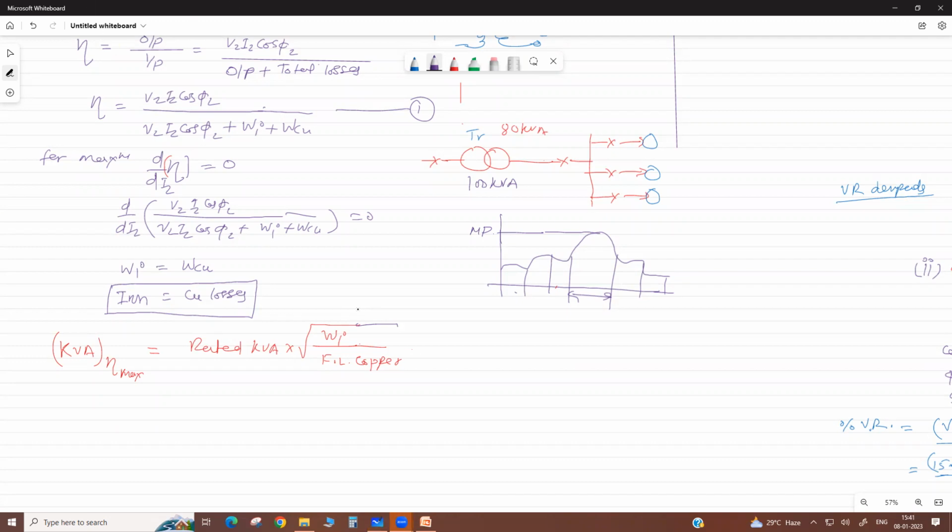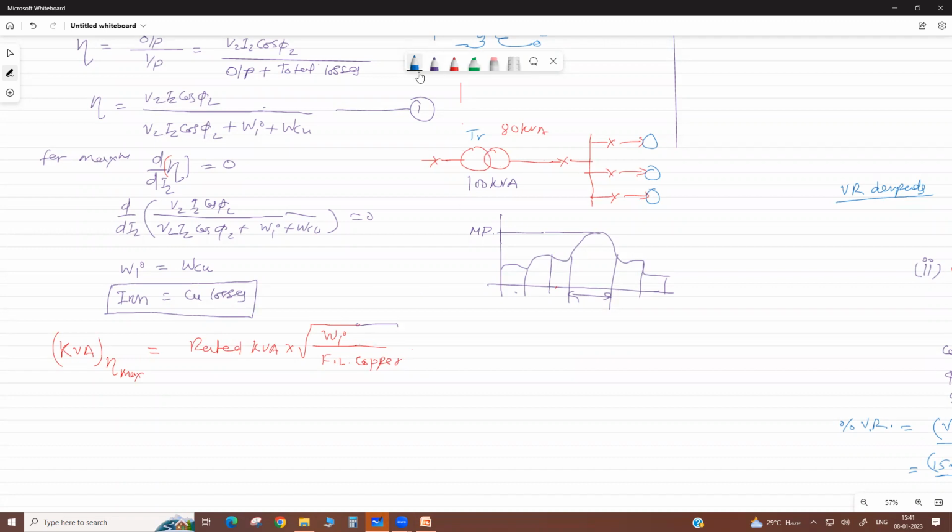Audible? Yes, sir. So if you know the full load copper loss and iron loss of a transformer, then we can calculate the load at which this transformer gives the best performance.